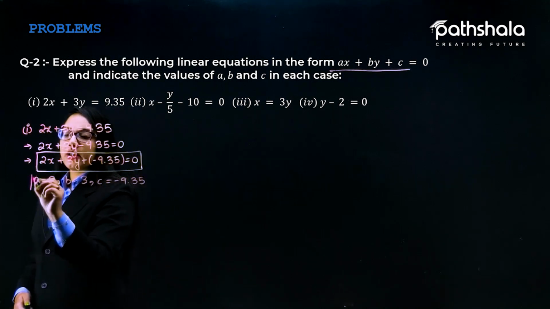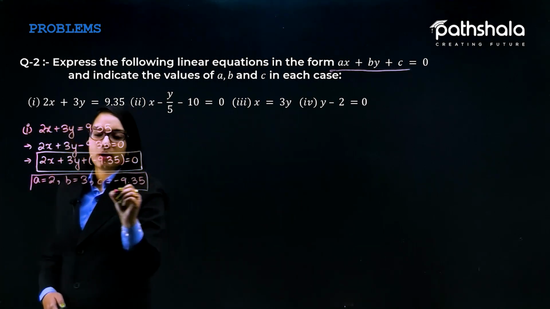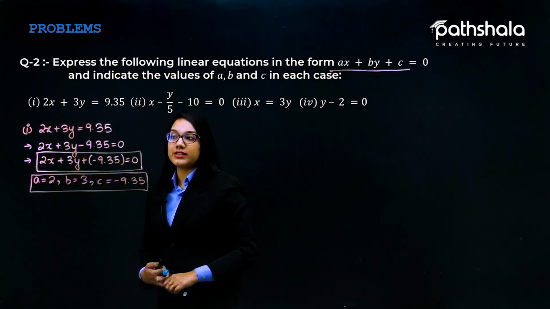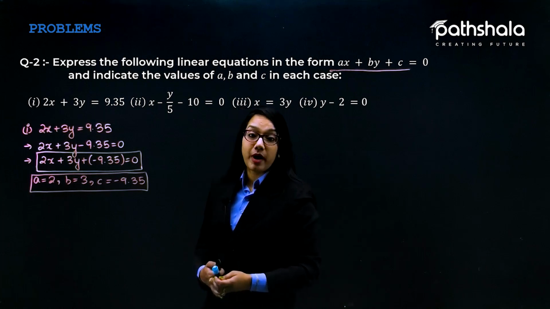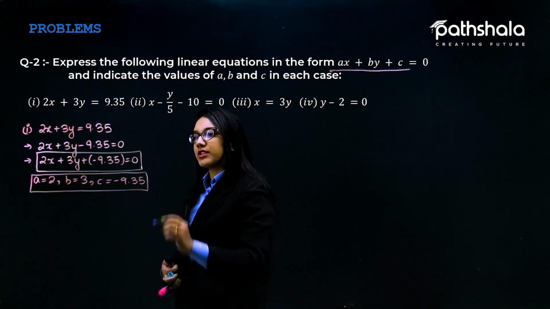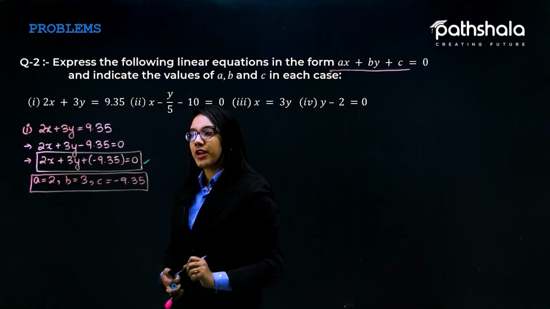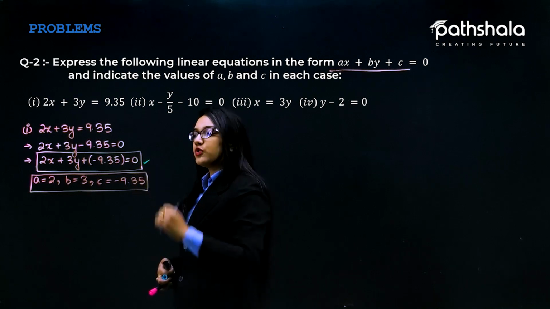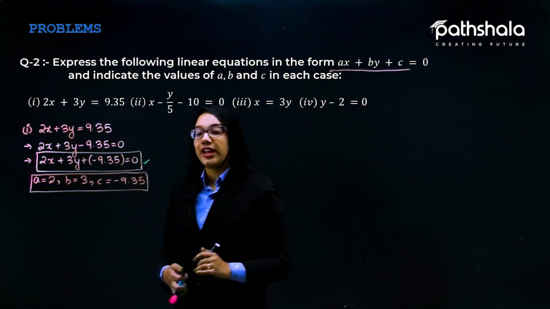So this is the solution of the very first part, and we have expressed it in the form ax plus by plus c is equal to 0. This is the general form of the equation, and this is the value of a, b and c.